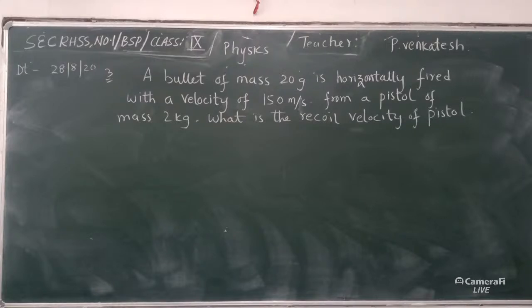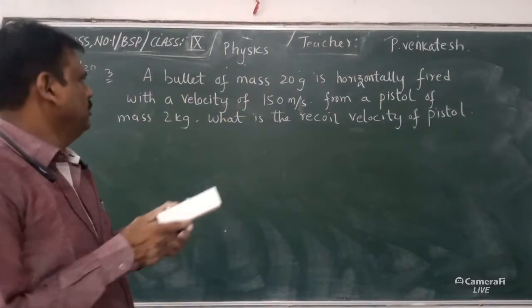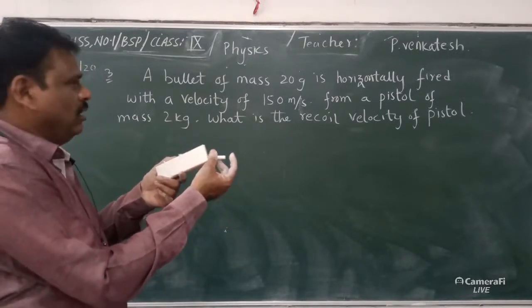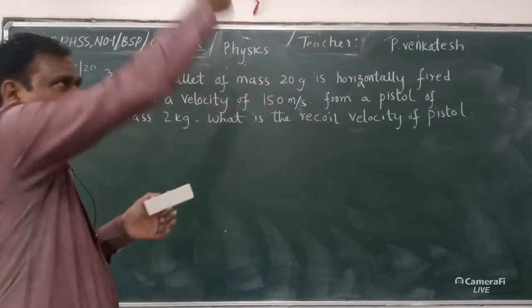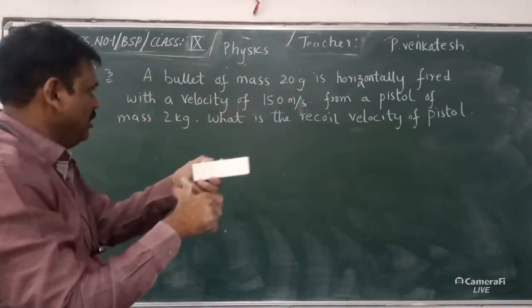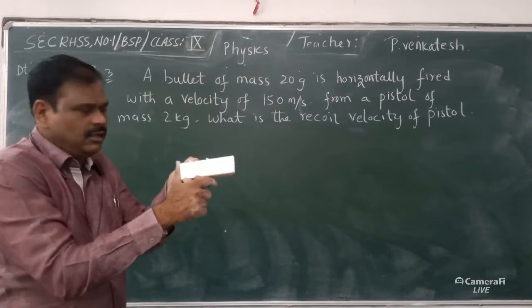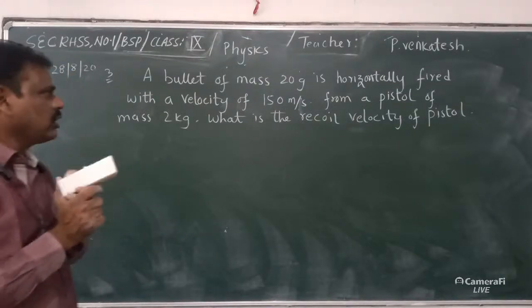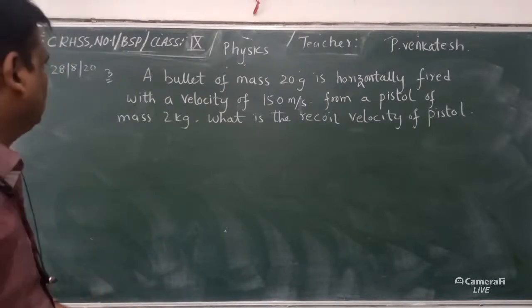What is the recoil velocity? Suppose this is a pistol and this bullet has mass 20 grams. When you fire horizontally, the pistol will also come backwards, which is called recoil velocity. So, what is the recoil velocity of the pistol?